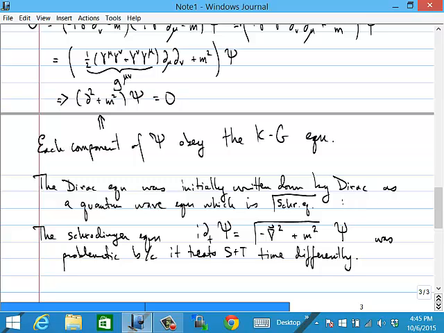In particular, if you just look at this Schrodinger equation that we wrote down here, one of the things that immediately pops out at you is the fact that the left-hand side of this equation is linear in time derivatives, whereas the right-hand side of this equation involves this complicated square root. So clearly this equation, although we tried to write down a version of the Schrodinger equation that was consistent with special relativity, treats time and space very differently.